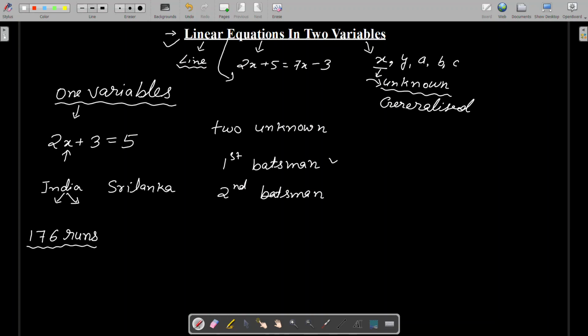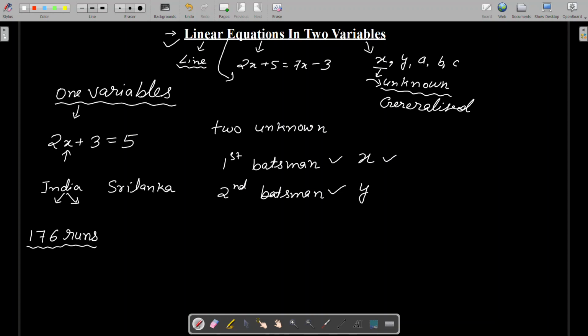So we have two unknown things to be determined in this example. To represent the two unknown quantities, we'll consider one as x, another as y.